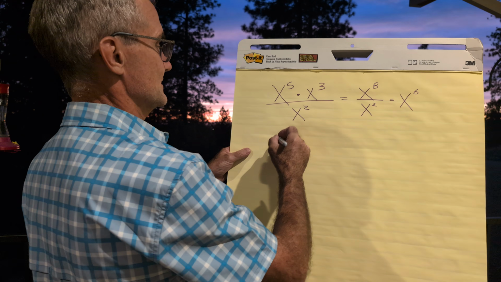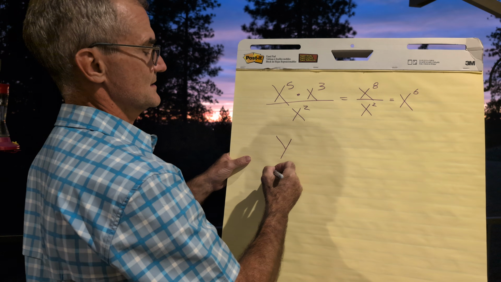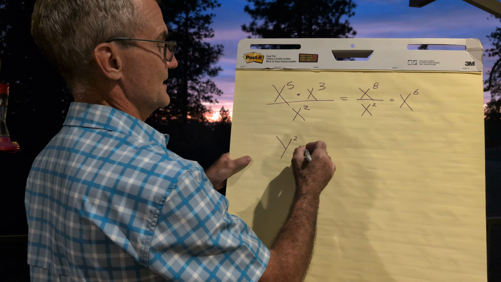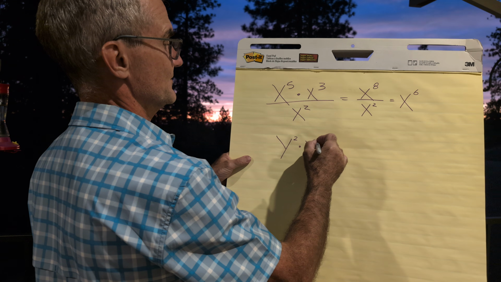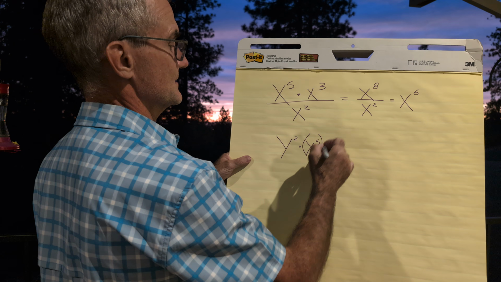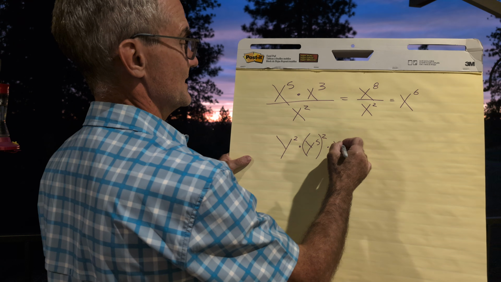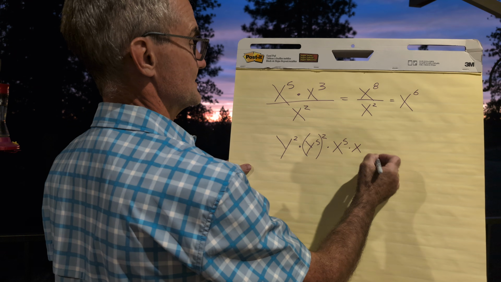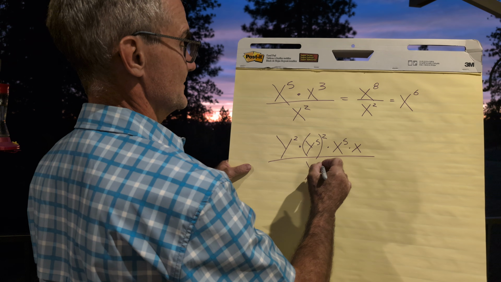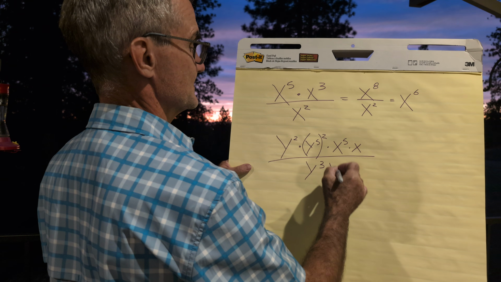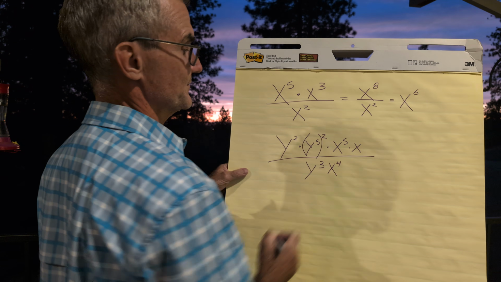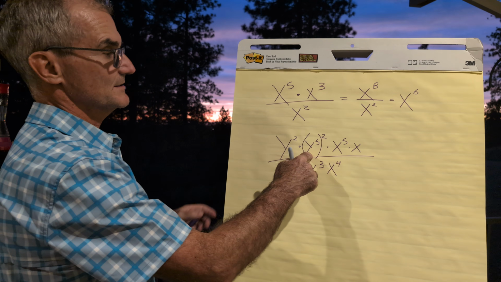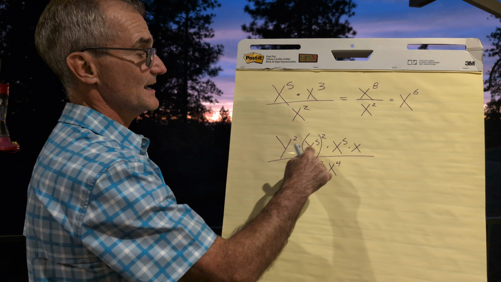Here's another one. Let's say we're using y as a base: y squared times y to the 5th, this thing to the 2nd, times x to the 5th times another x, all over y to the 3rd, x to the 4th. So first I'm going to do this, giving me y to the 10th.